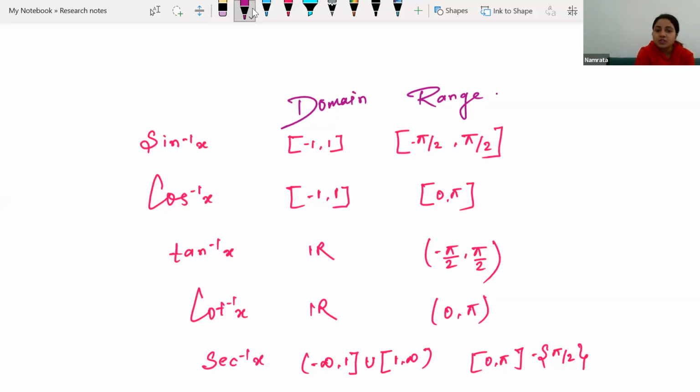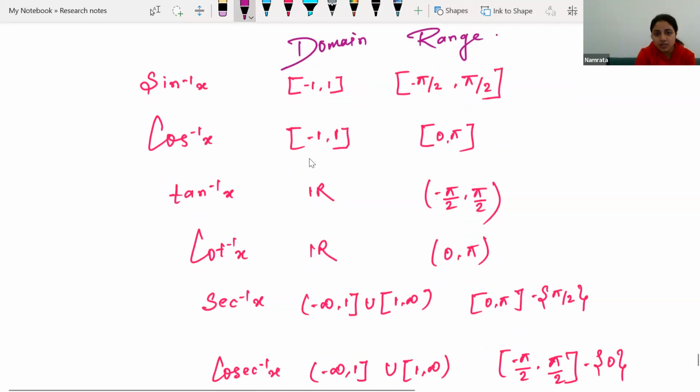For cos inverse x, the domain is the same as the sine one, and the range is 0 to pi. This is also called the principal range. When we draw the graph of sine inverse x and cos inverse x, it will not be a function.